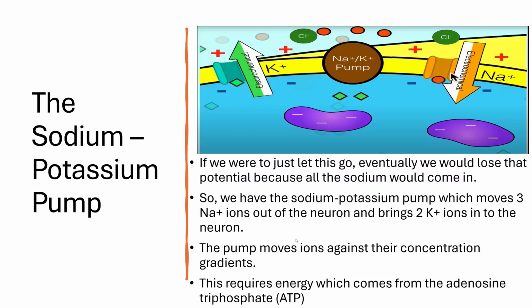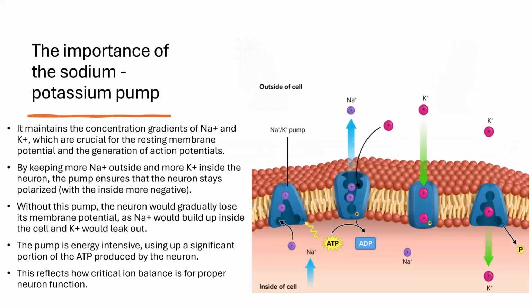However, the procedure of this pump is to move ions against their concentration gradients, and this requires a lot of energy, which comes from the adenosine triphosphate, or in abbreviation ATP. ATP is very important because it is the food of the cells. Now, why is the sodium-potassium pump so important?